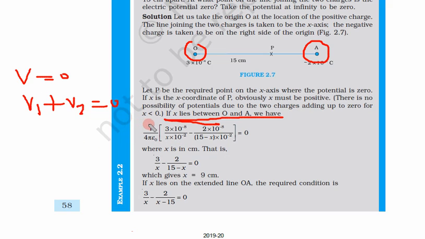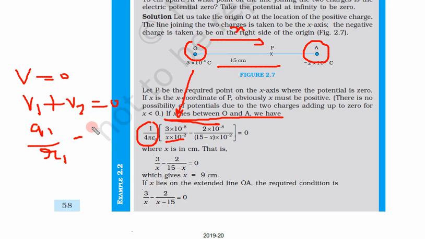So let us take this constant out, 1 upon 4 pi epsilon naught. For this, Q1 upon R1. So Q1 is 3 into 10 to power minus 8, this charge, and this distance is x into 10 to power minus 2 because it is in centimeter.